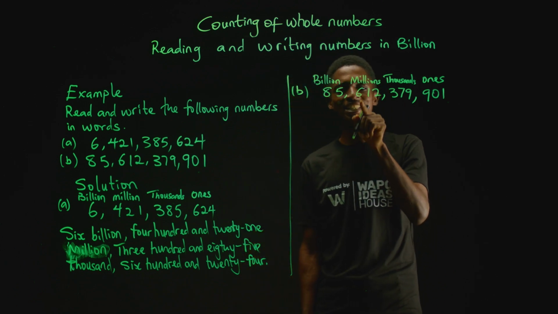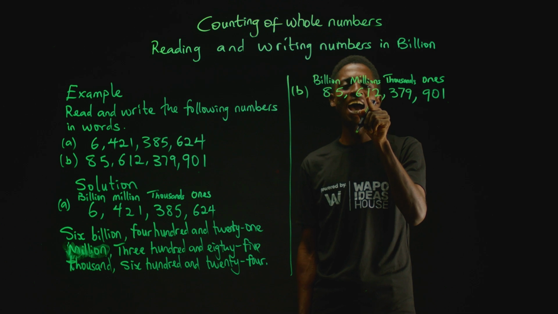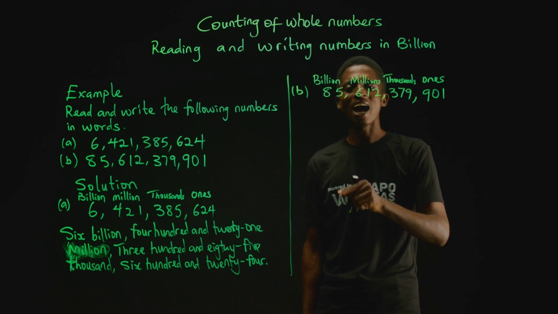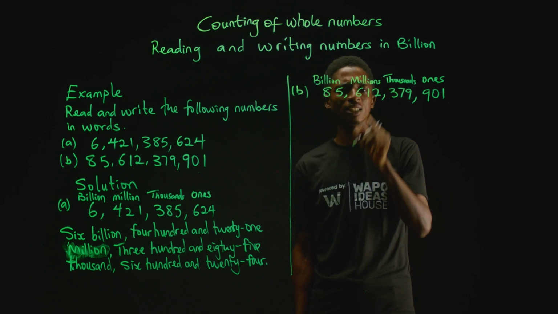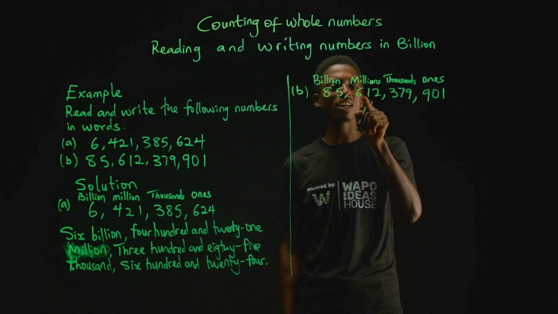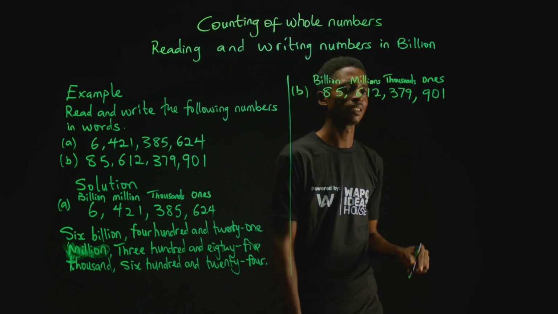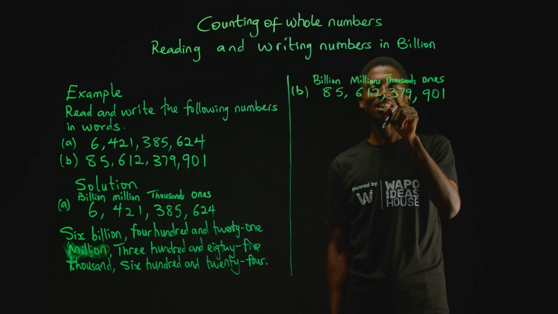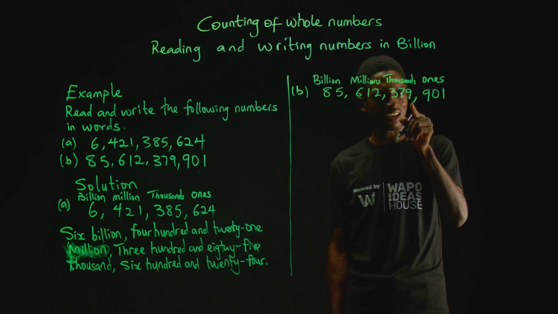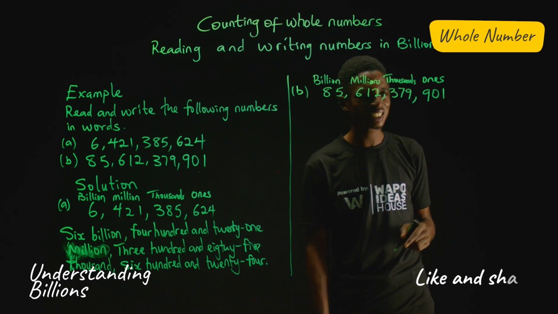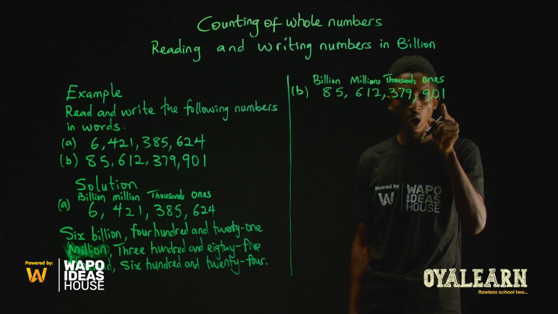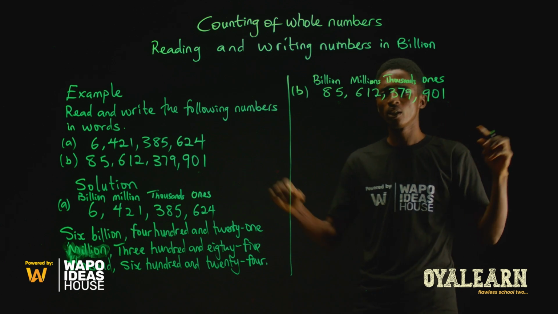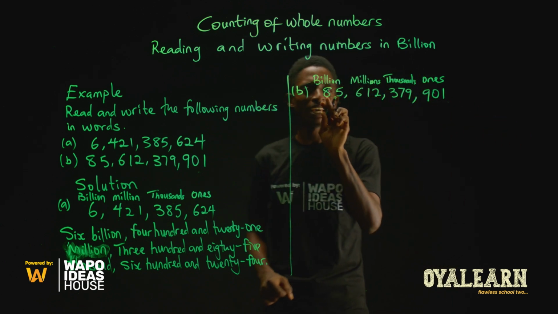The next is 612, and it is with the place value of millions. So we read it as 612 million. And then the next is 379,000. And then finally 901.